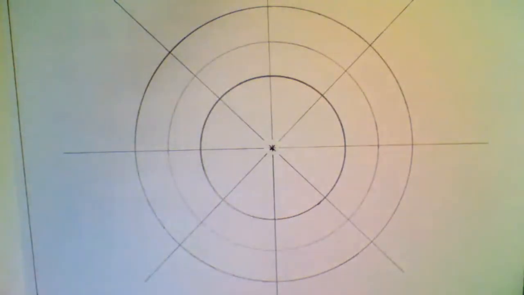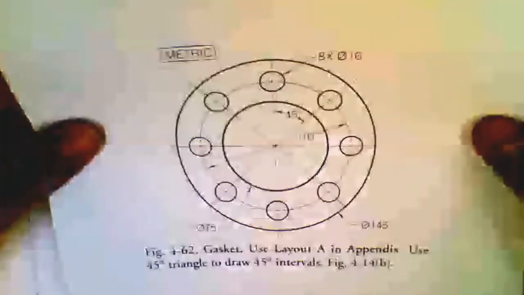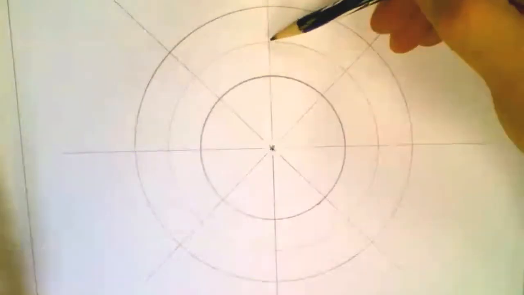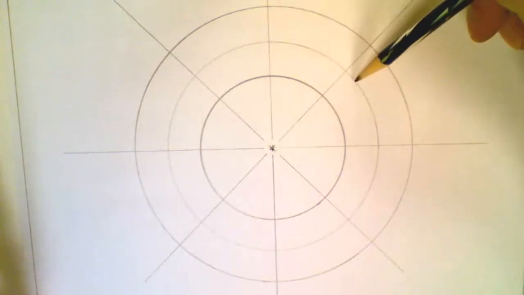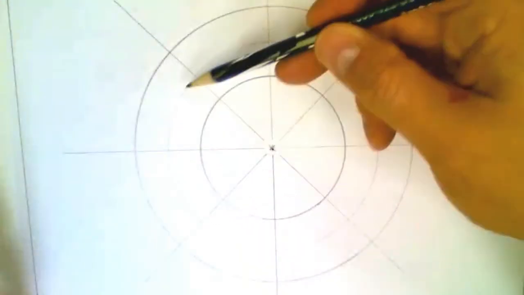Now I need to draw my 8 little holes sized 16 millimeters. And these are going to be located everywhere that our construction line ring intersects each of these 8 lines.